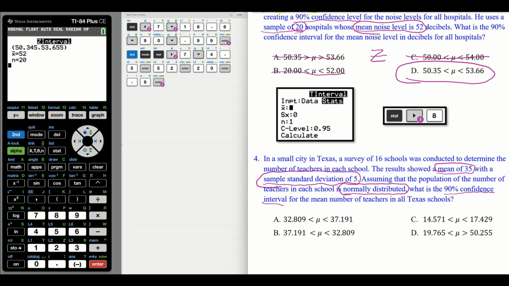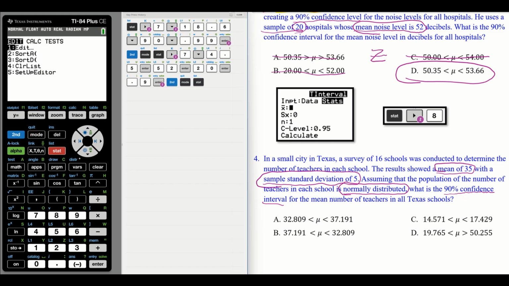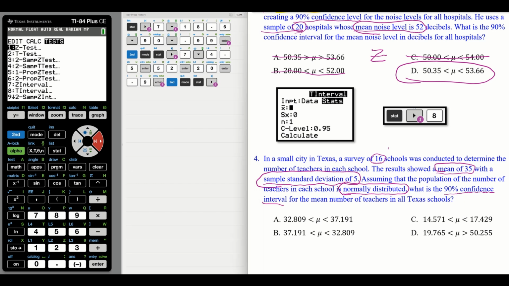Okay, so let's back out of that. Go over. I have to decide which one I'm going to use. Well, I have a 16. I didn't circle that. That's a small number. 35. My standard deviation, it says sample standard deviation. It's for the sample.